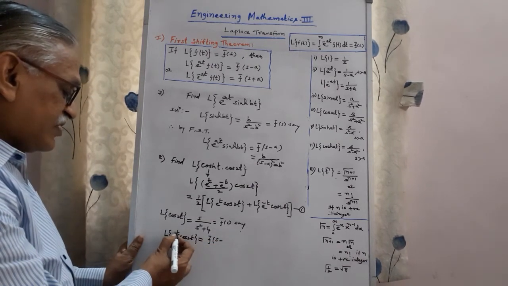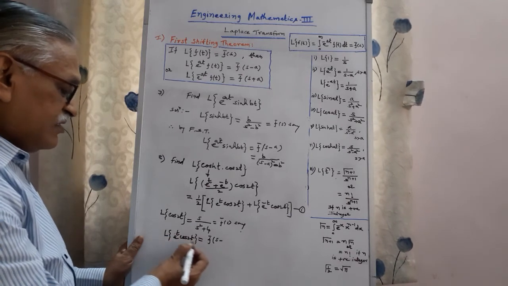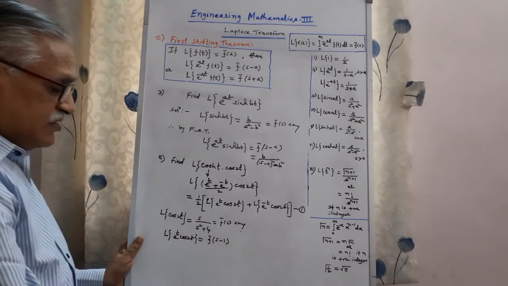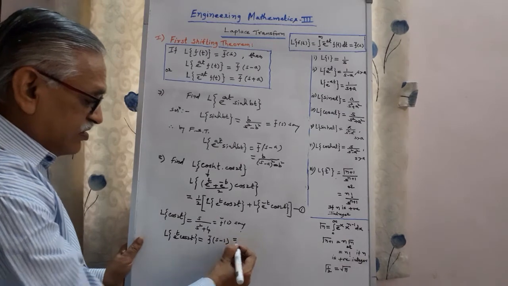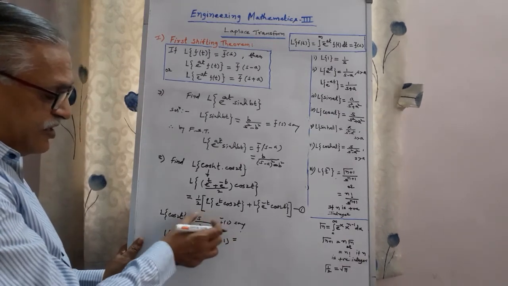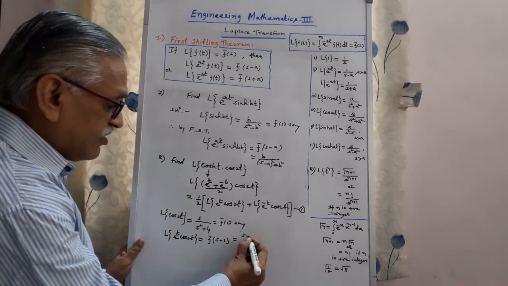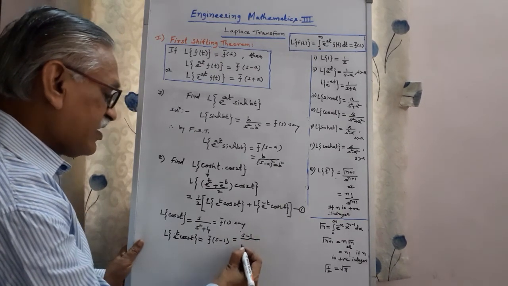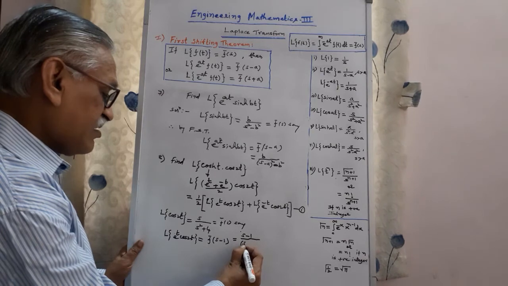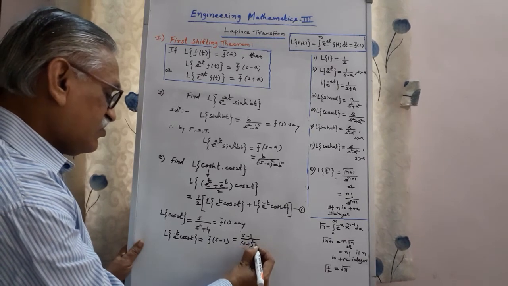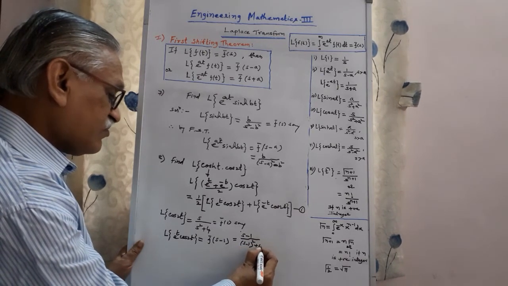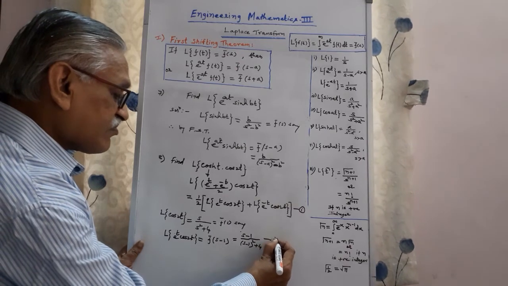Here a, the coefficient of t, is 1, and we obtain its value by replacing s by s minus 1 in this result. Therefore we get s minus 1 divided by s minus 1 whole square plus 4.